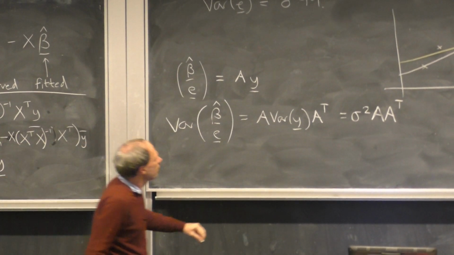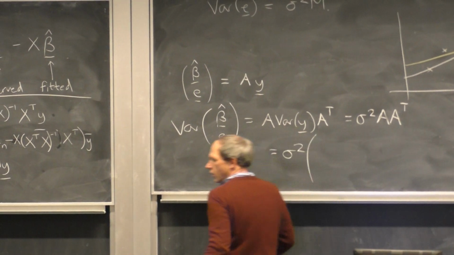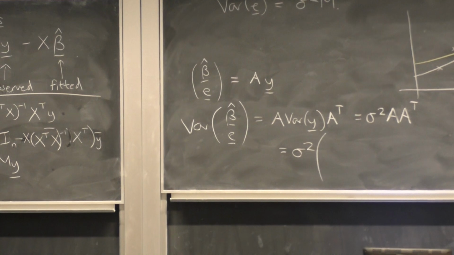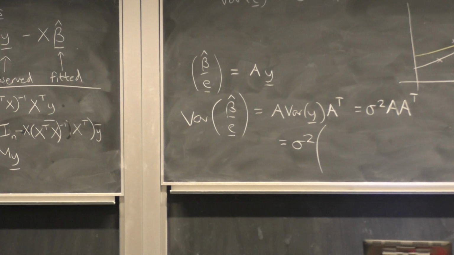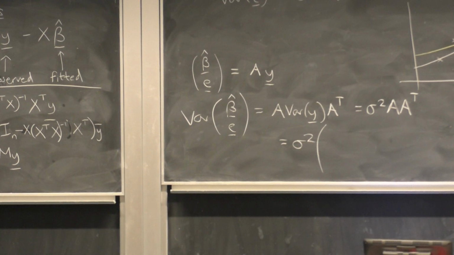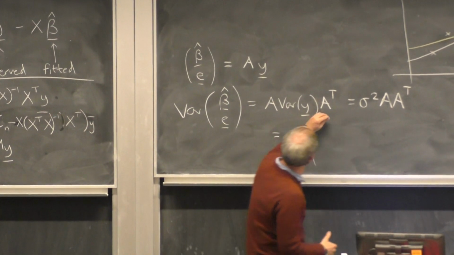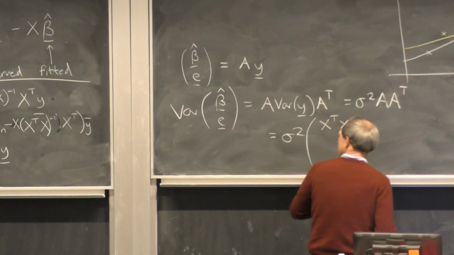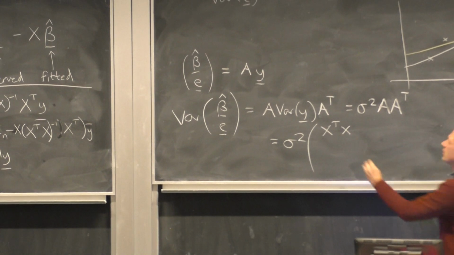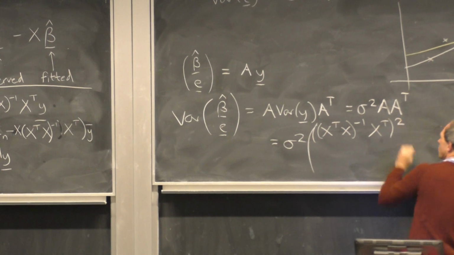Now, we can do ordinary matrix multiplication style things with matrices written like this, with one matrix on the top and another matrix on the bottom. We can apply our usual matrix multiplication rules. So, top left, we're going to get x transpose x to the minus 1 times x transpose, squared.